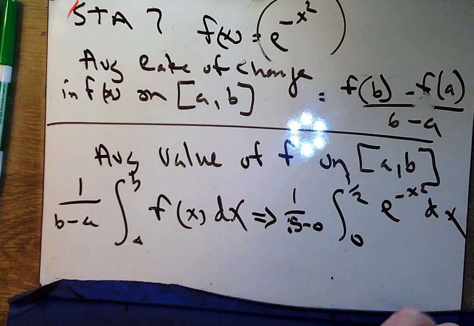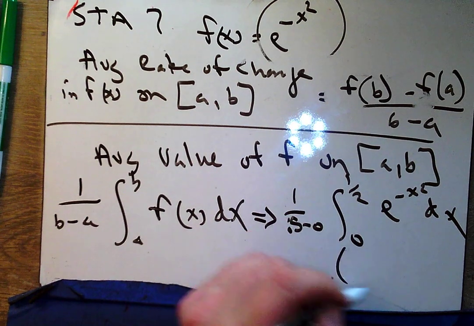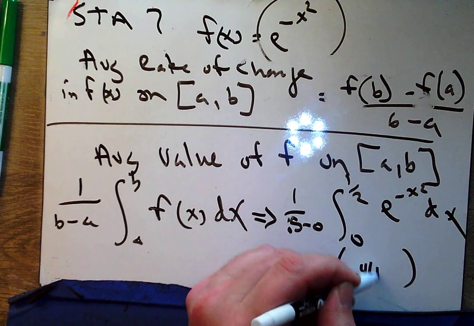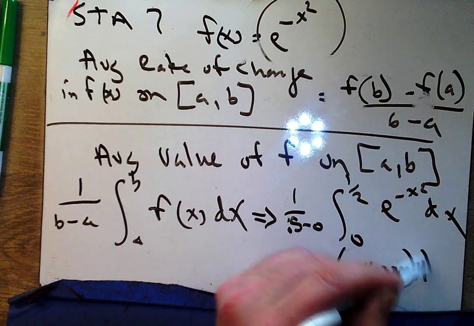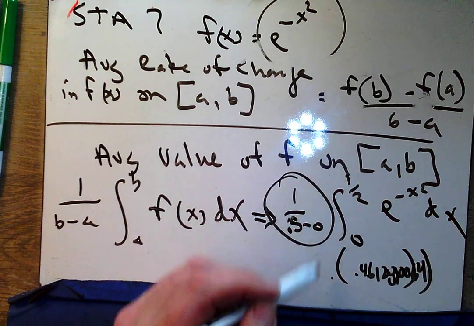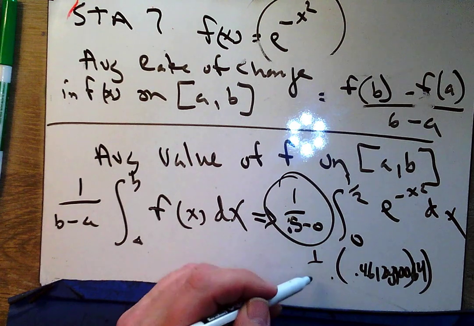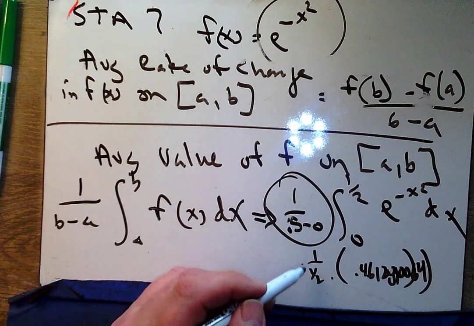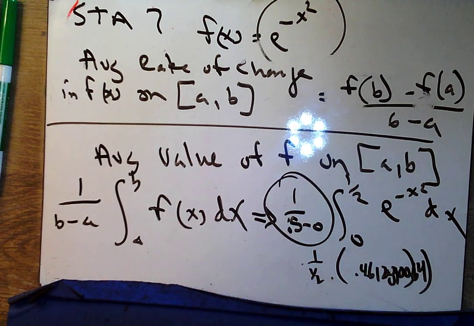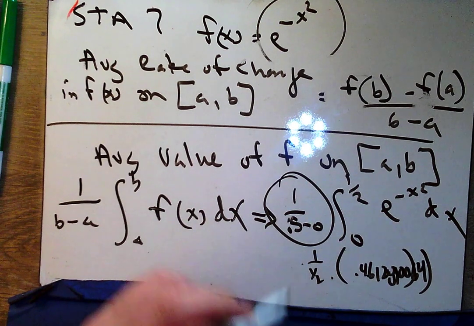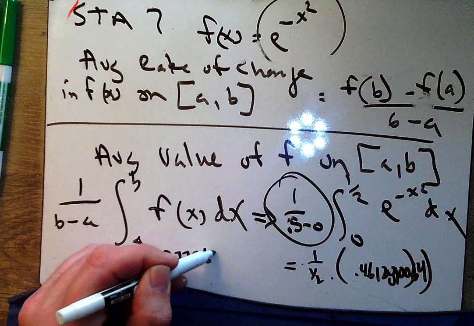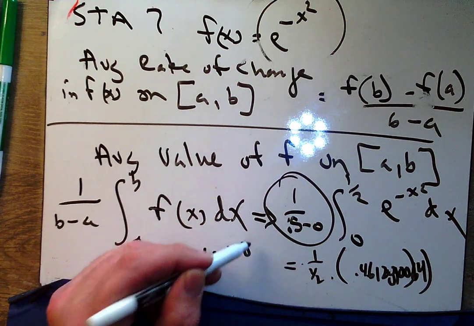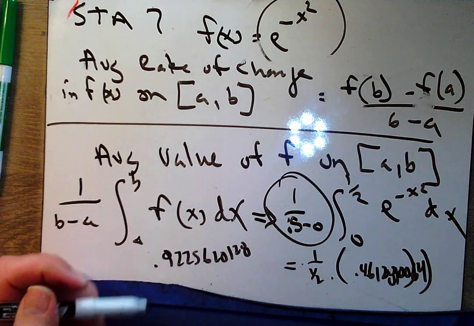Okay, so this number turns out to be 0.4612810064. But don't lose that 1 over 1/2, which is the same as 2 times that. Again, times 2, and I get 0.92256201228. And that's the average value.